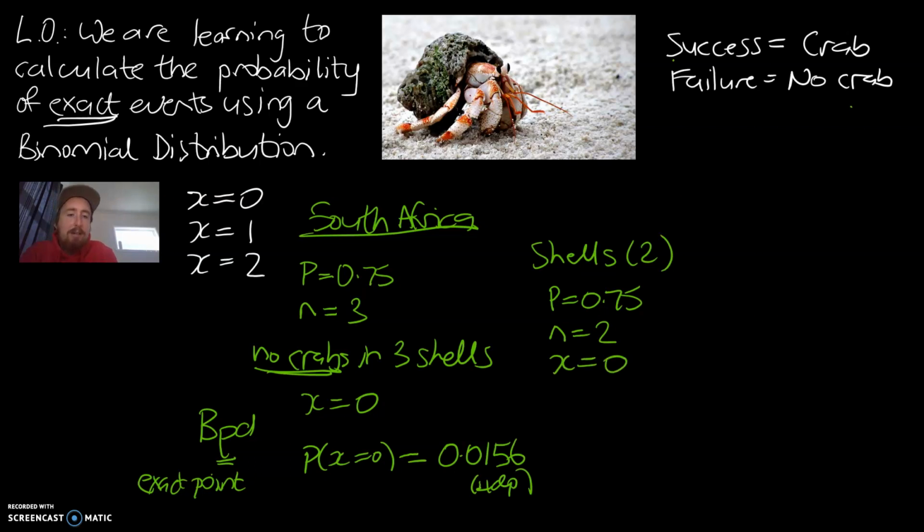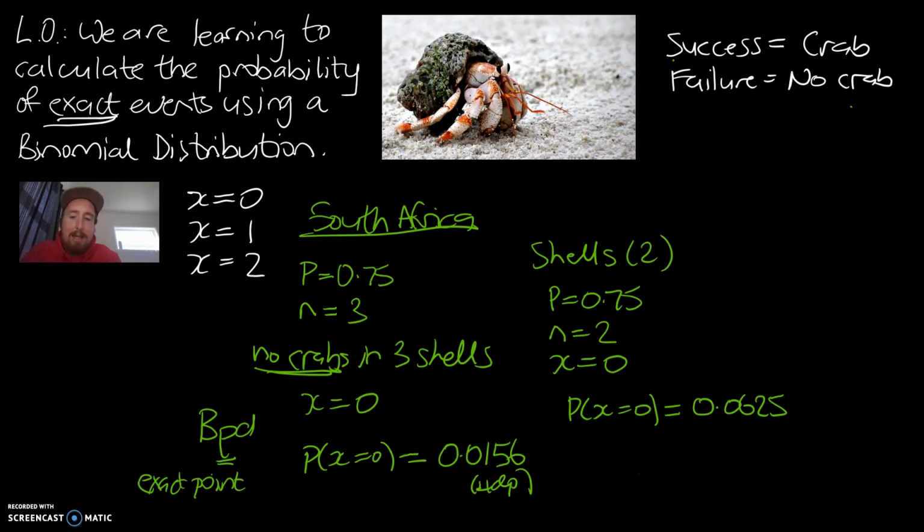And we're still looking at 0 crabs, which means x will be equal to 0. If we put that in our BPD mode in our graphics calculator, we should be able to find the probability of having no crabs from those two. In that case, it's now 0.0625. So even though it's still small, the probability has increased quite a bit to about 6%. So 6% of the time, those shells will not have any crabs.